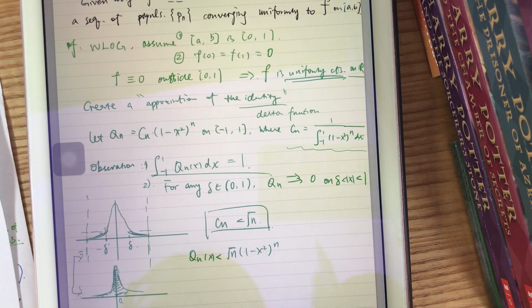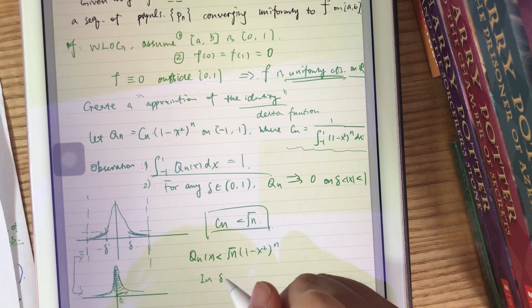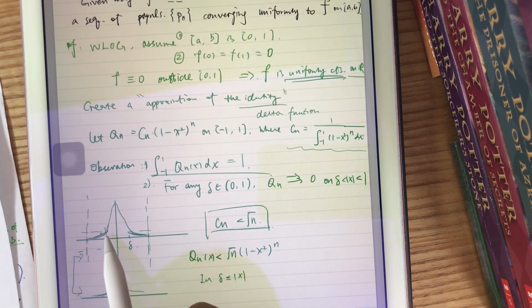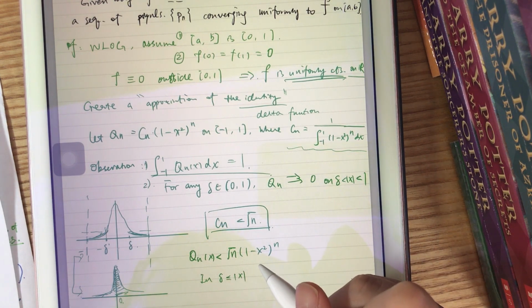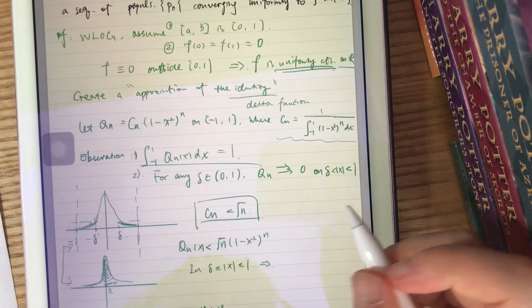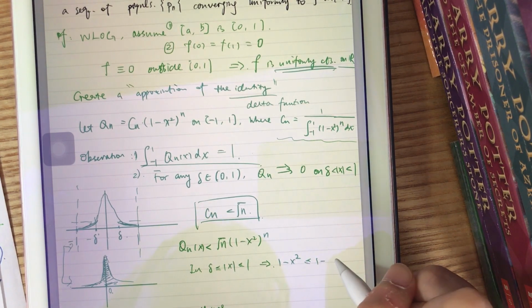And we also know that when x lies in the interval where the absolute value of x is between delta and 1, you will get 1 minus x squared is less than 1 minus delta squared, right?